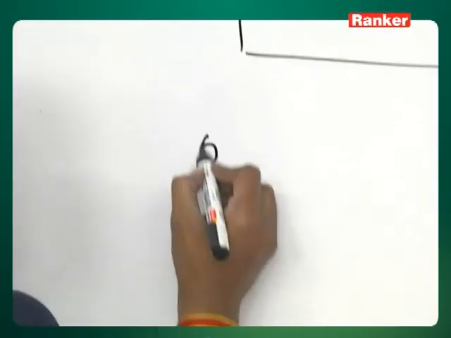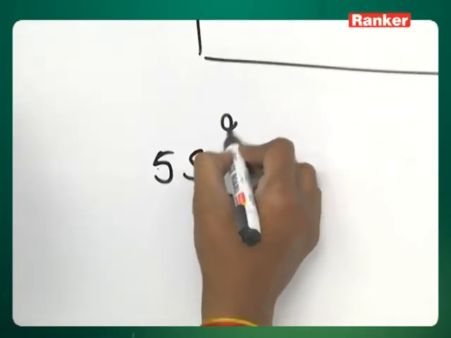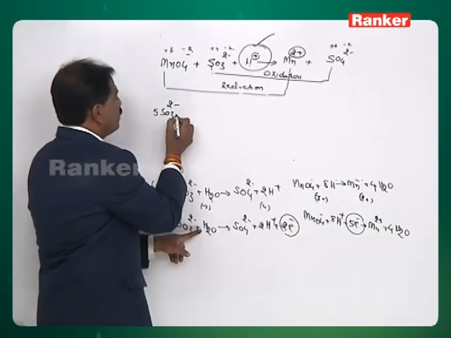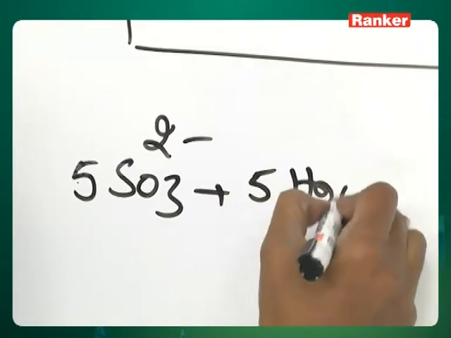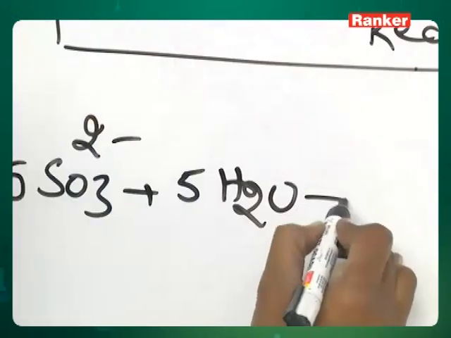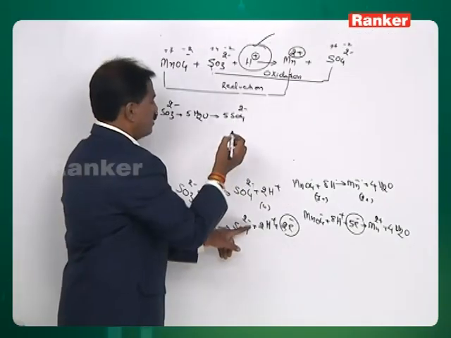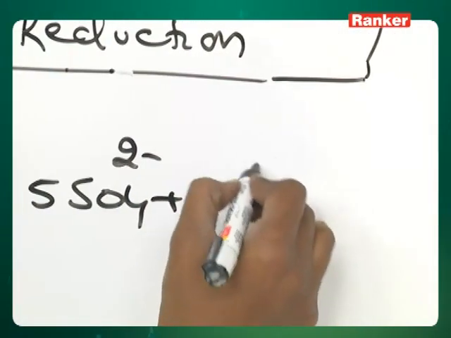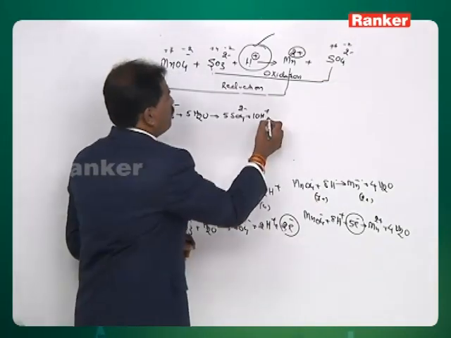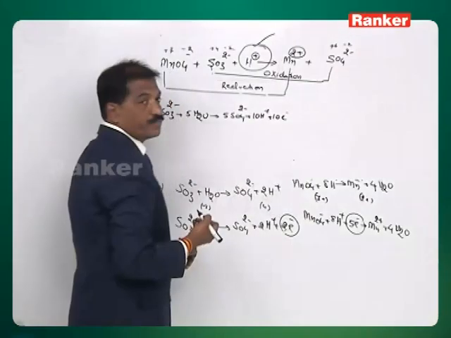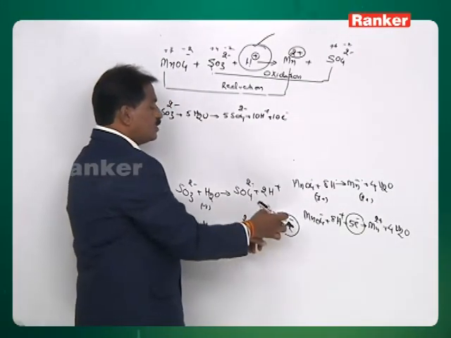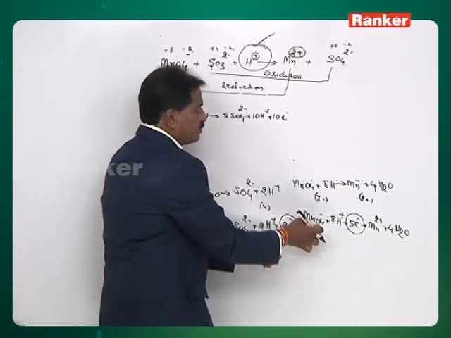The reaction becomes 5SO3 2- plus 5H2O gives 5SO4 2- plus 10H+ plus 10 electrons.